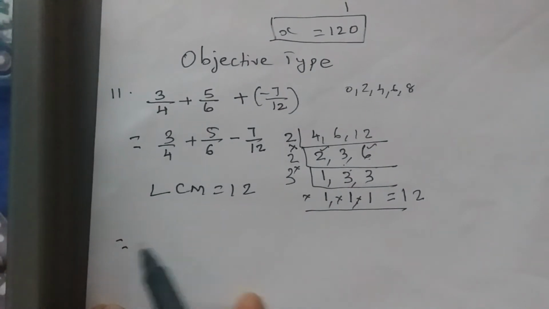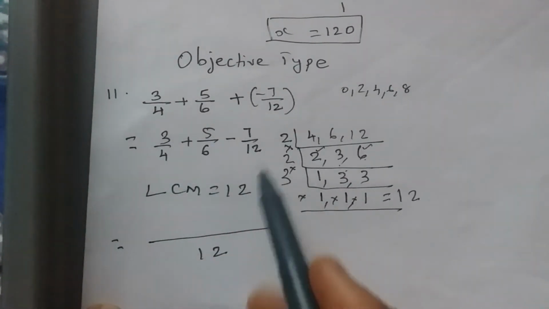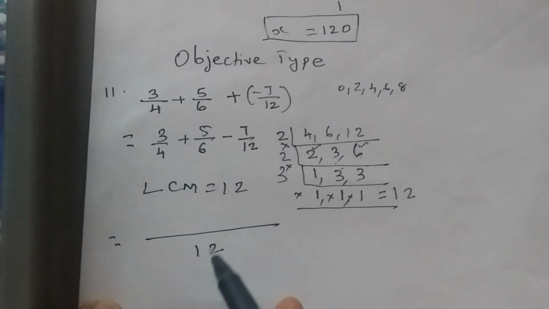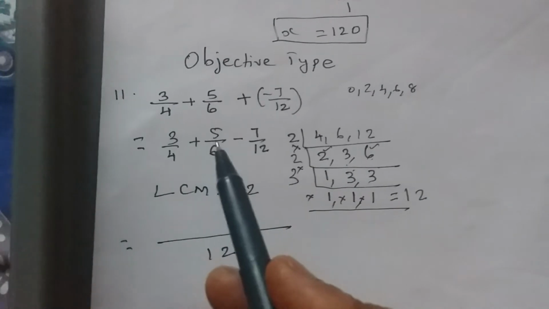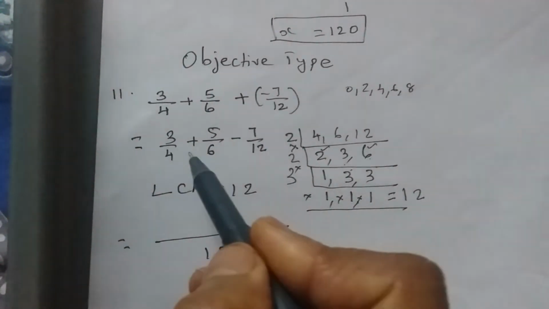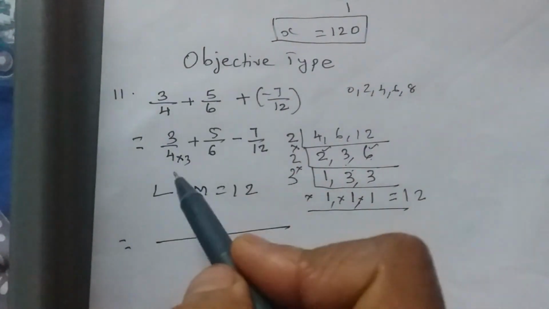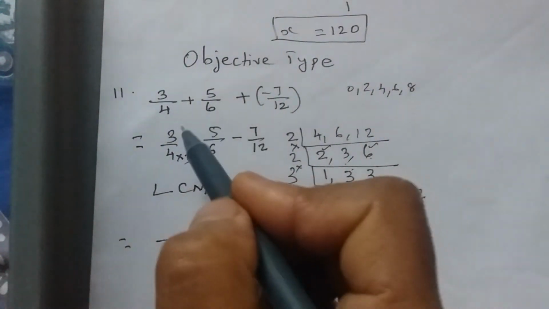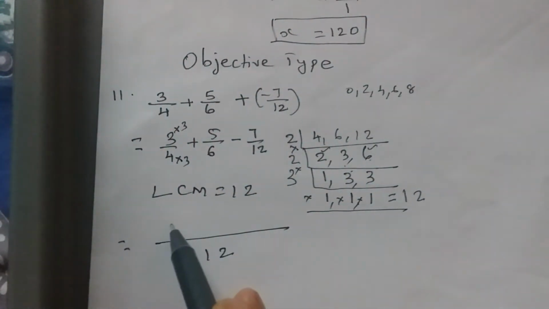What's the next step? We have to put the common denominator 12 and change the rational numbers one by one. Instead of 4, 6 and 12, we have written 12. So we have to make the same changes on the numerator also. So 4 into what is 12? 4 3s are 12. The denominator is multiplied by 3, so multiply the numerator also by 3. 3 3s are 9.